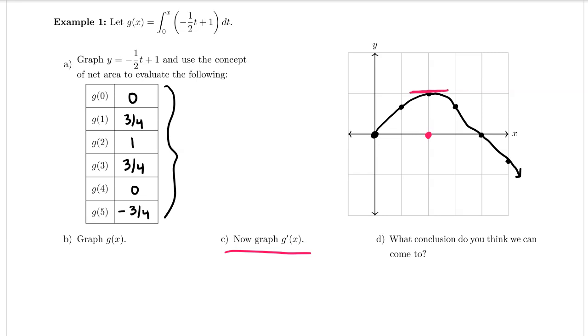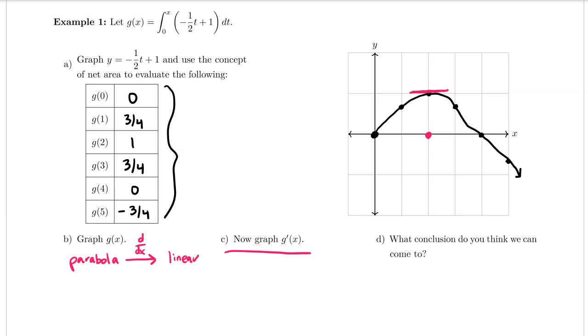Now another thing is that if g of x is a parabola, then again from differential calculus, we should know that when we differentiate, the derivative of a quadratic function is a linear function.